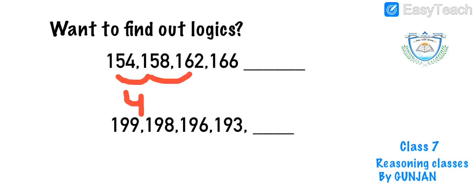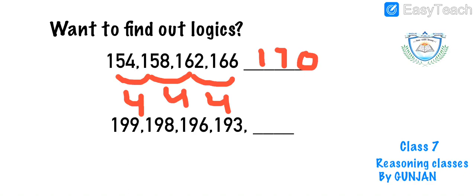If I check again, the difference between 158 and 162 is 4. Difference between 162 and 166 is 4. So, what will be our answer? If I add 4 to 166, I'll get 170 because the answer and 166 must have a difference of 4 to continue the series. This was an easier one.